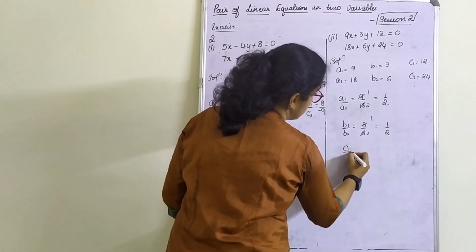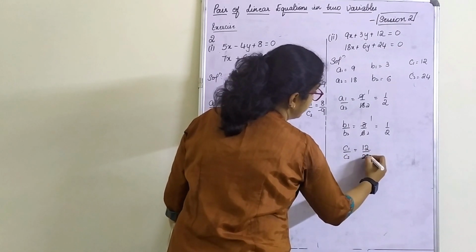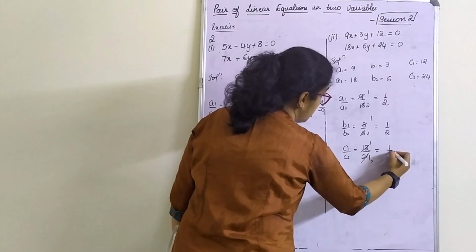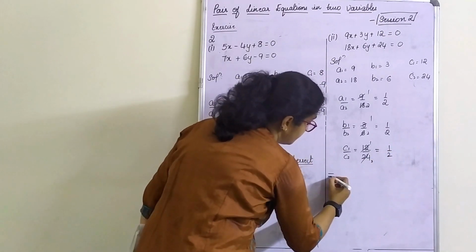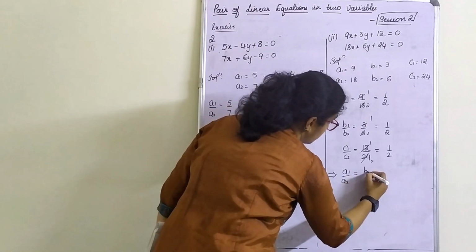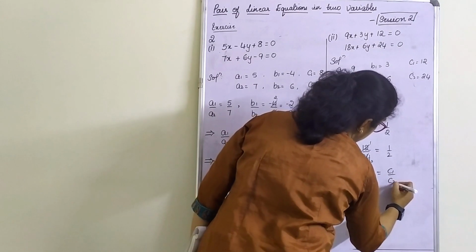So let's check. C1 by C2 is equal to 12 by 24, which is 1 by 2. Therefore, A1 by A2 is equal to B1 by B2 is equal to C1 by C2.